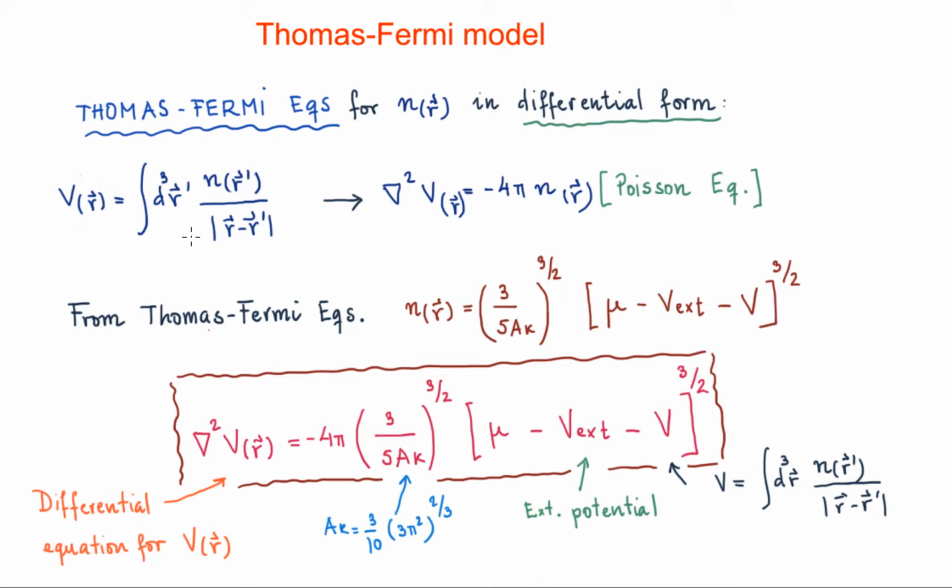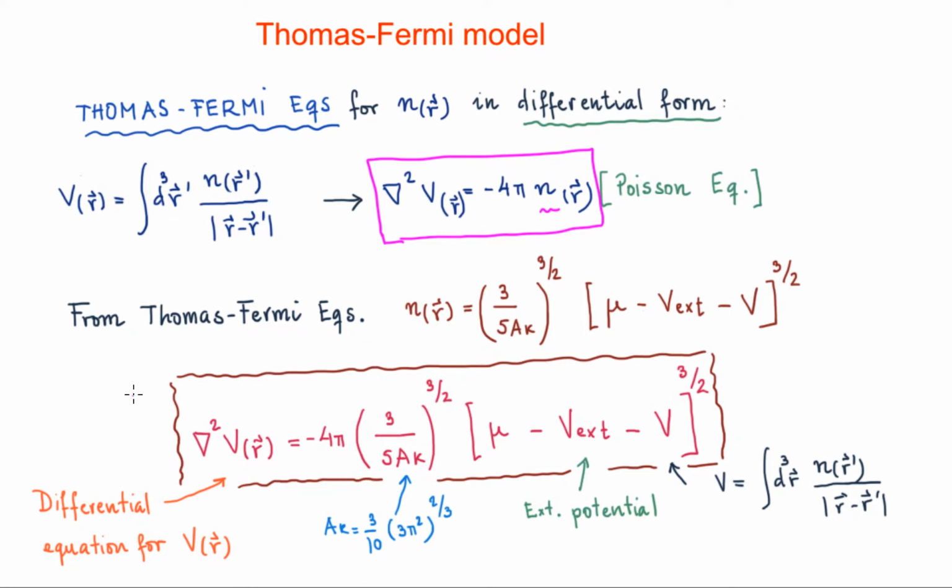For that, remember that this is the induced potential we have just defined, and the Poisson equation for that induced potential basically is this one. As you can see, the Laplacian of the induced potential is basically proportional to the electronic density.